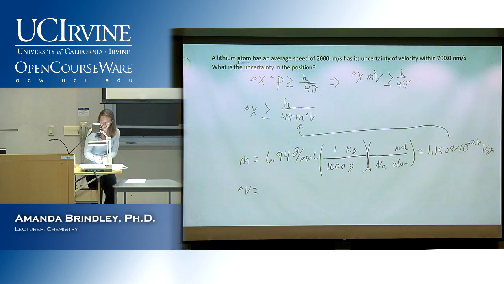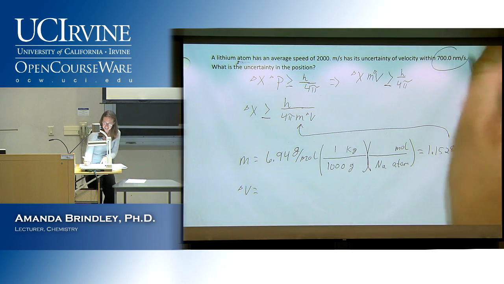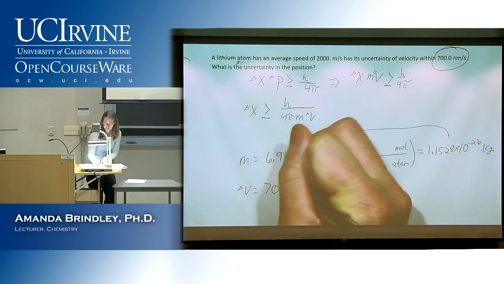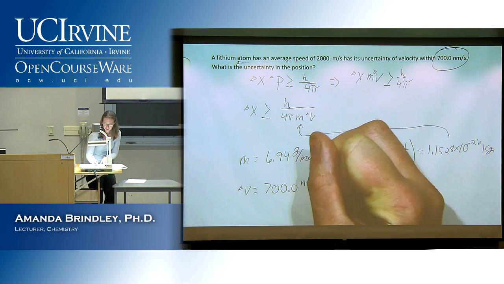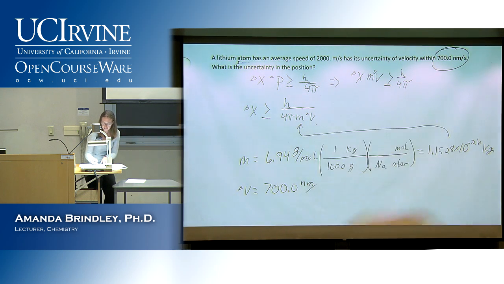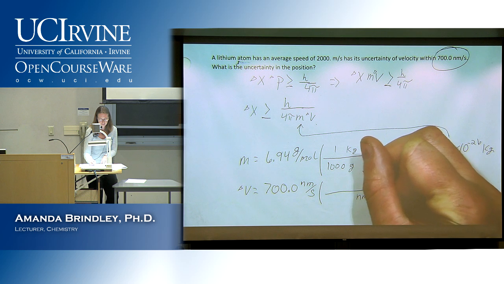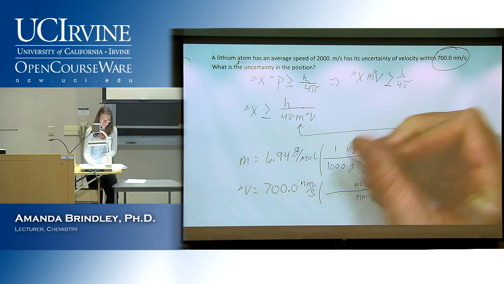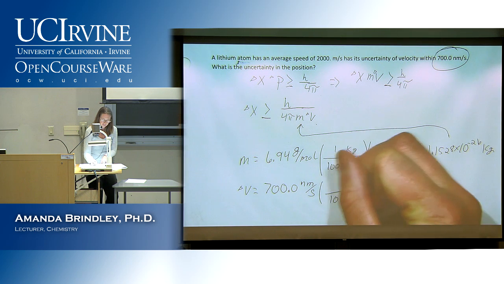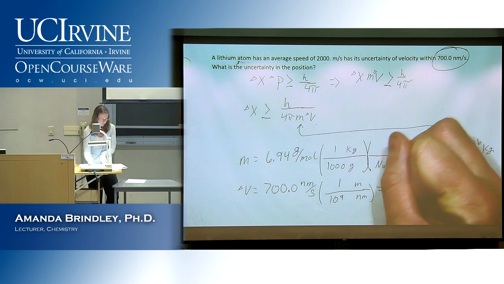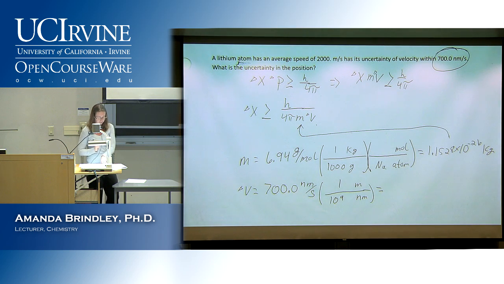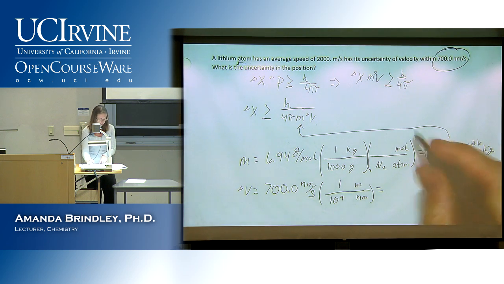Okay, so we're going to use this. Are we filling it into here, like how it is right now? No. We fill in our conversion factor, and that's what we're going to fill into here.